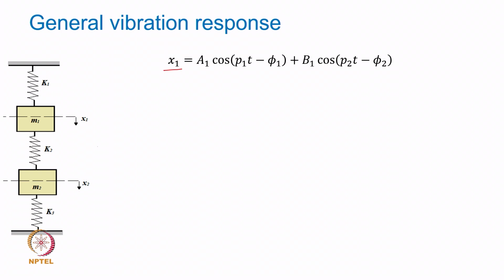We expect that because we have seen in the animation also that when you do not maintain the amplitude ratio at t equal to 0, conforming either to the first mode or to the mode shape of the second natural frequency, then the first mass will not only move with frequency P1, but also with the frequency of P2.